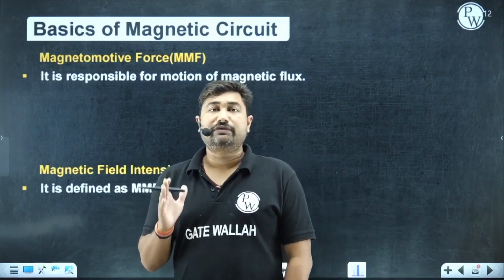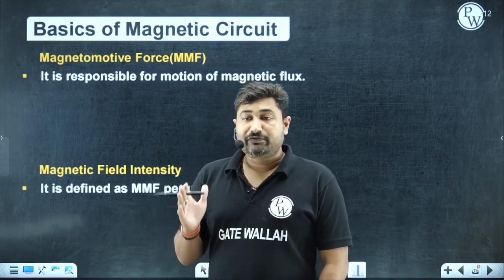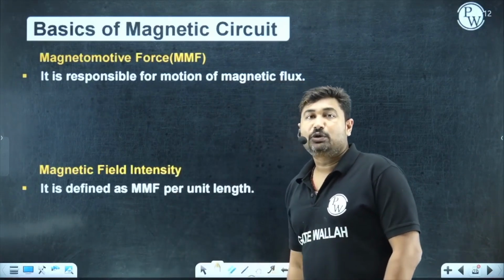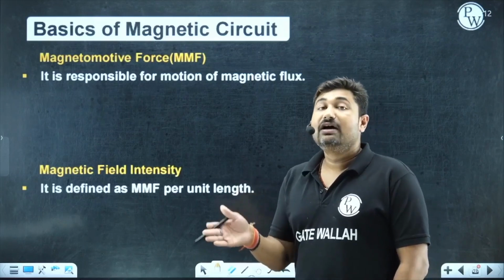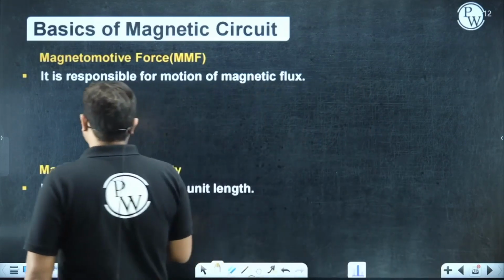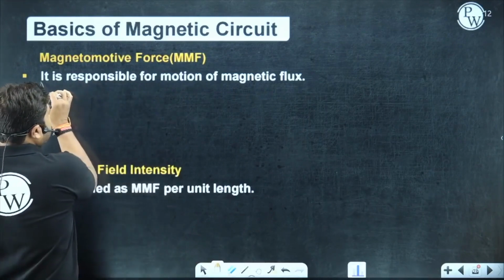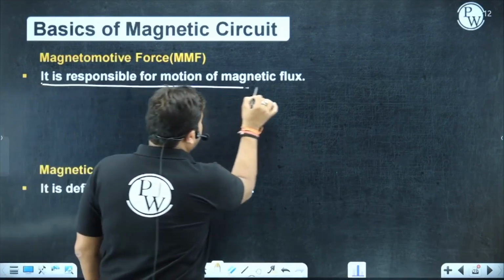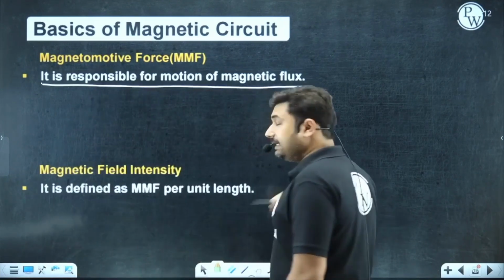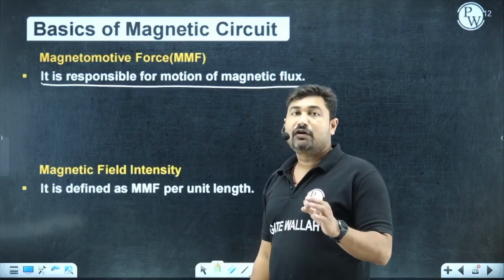Like electromotive force is the reason behind the flow of current, similarly, magnetomotive force is the reason behind the flow of magnetic lines of force. It means magnetomotive force MMF is responsible for the motion of magnetic flux, like EMF is responsible for the motion of current.